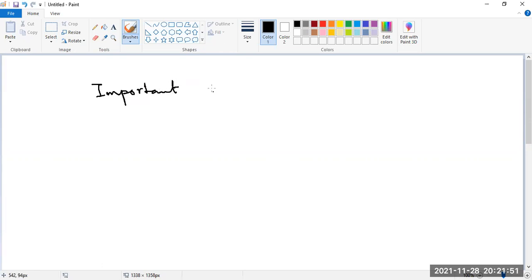Yes sir. Okay, so important parameters of SCR. The parameters are like this. First, the average current, or you can say average forward current.